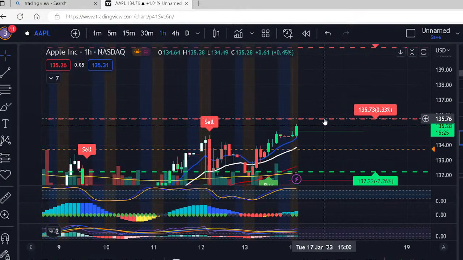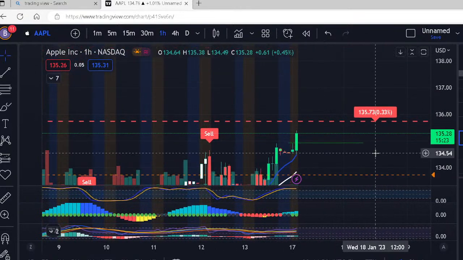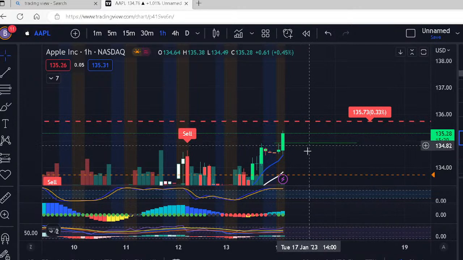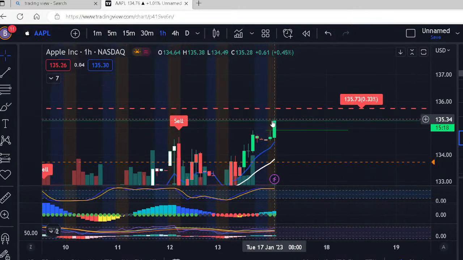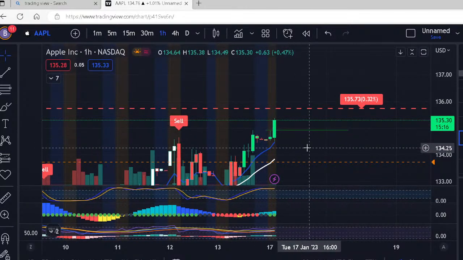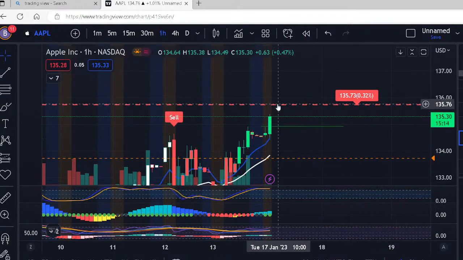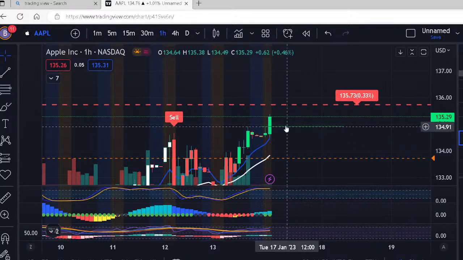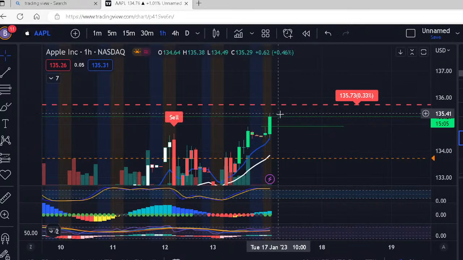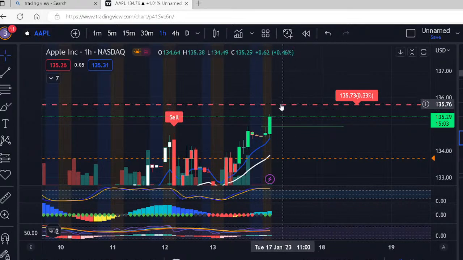Now if you see it get rejected right here, it's right in between the resistance and previous day high, so I would definitely be watching it. If it gets rejected at 135.73, obviously where's the next support? Previous day high. If you see that, I would just stay away from it. If you see it get above the 135.73, calls.